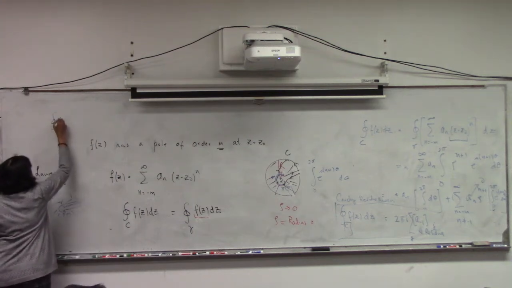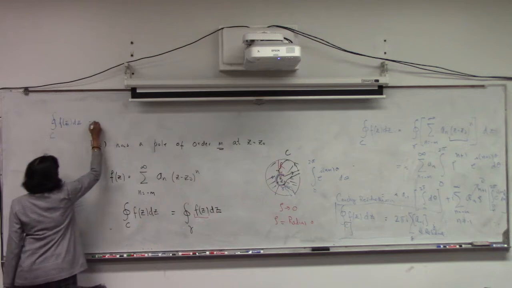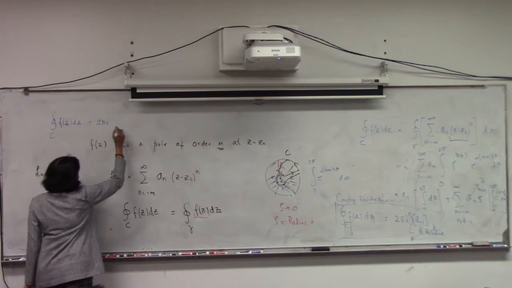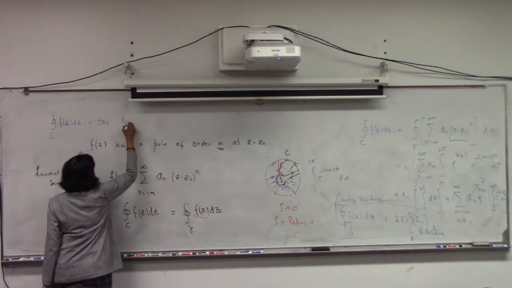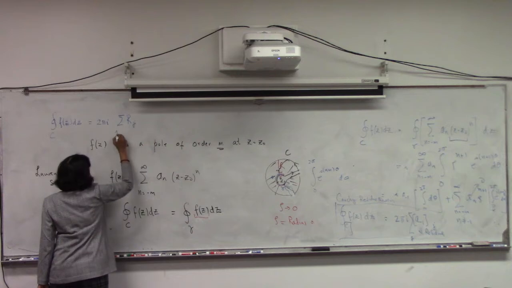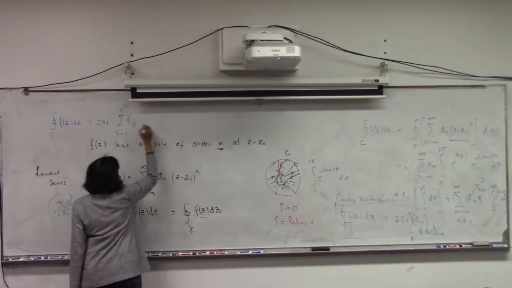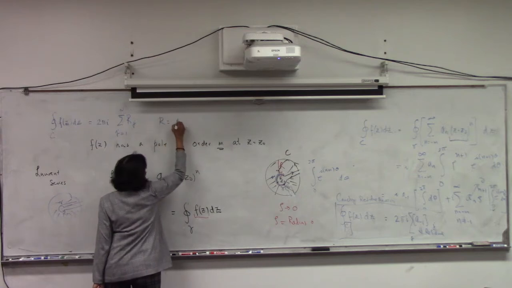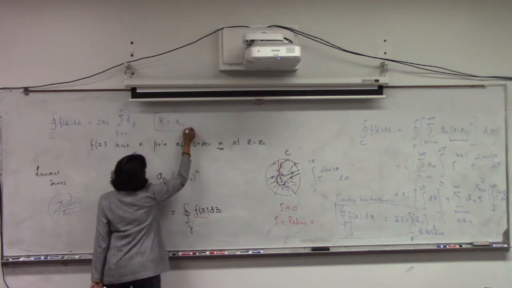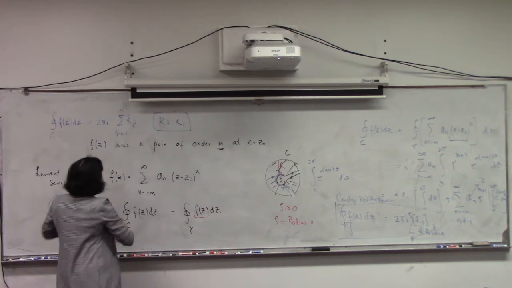The most general way to write it is the contour integral of f of z dz is nothing but 2 pi i times, I'm going to use this notation just so that you know, the residues, where R is nothing but a minus 1, the residue. I'm getting rid of the two subscripts, I will just put this.